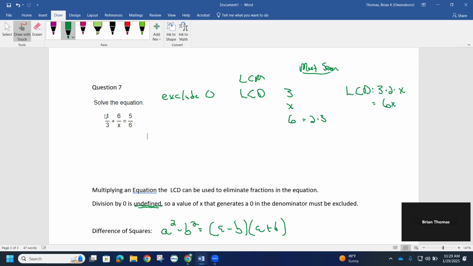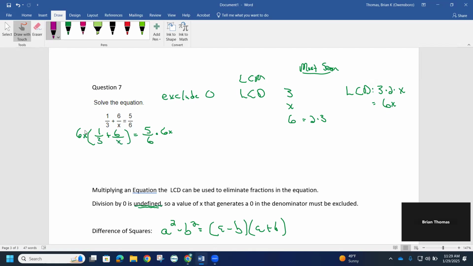So what I can do in this problem is multiply each side by the least common denominator, which is a 6x. So I have a 1 over 3 and 6 over x. I'm going to multiply this whole side by 6x, and then multiply this other side by 6x. But since I have two terms here, I'm going to use parentheses.